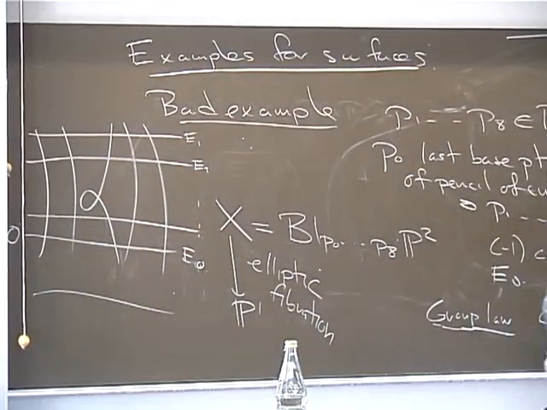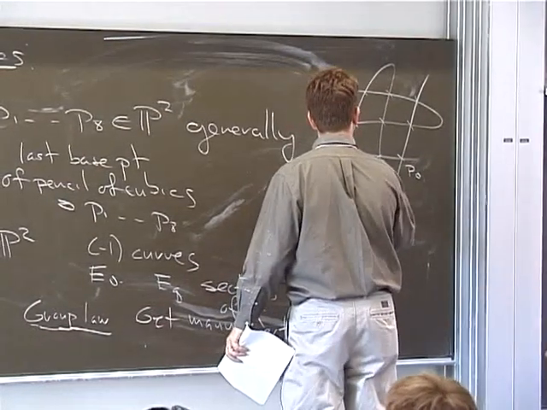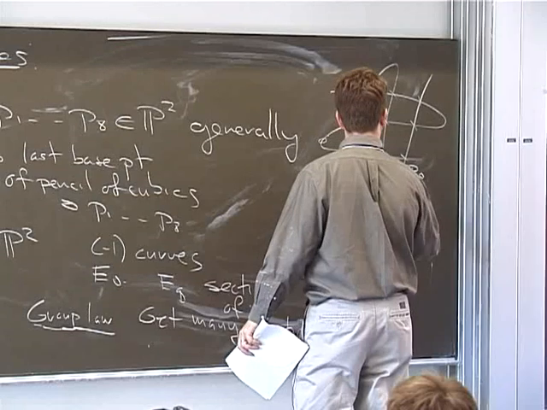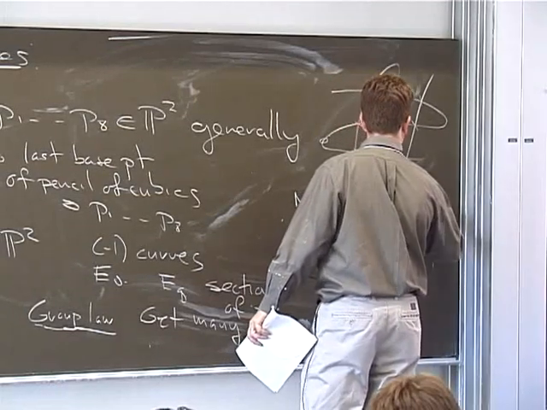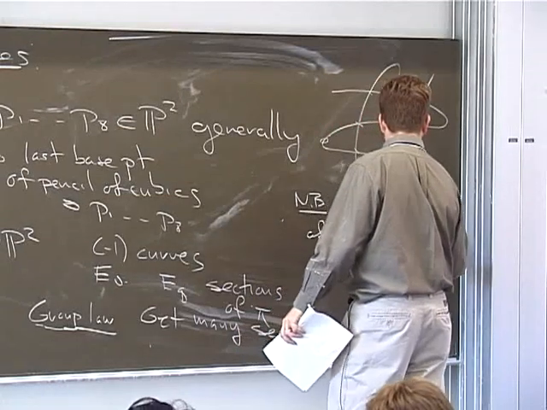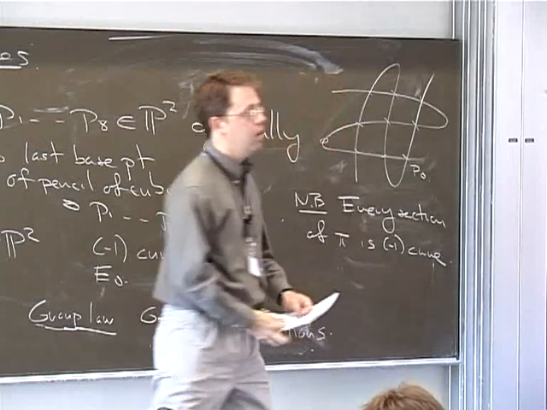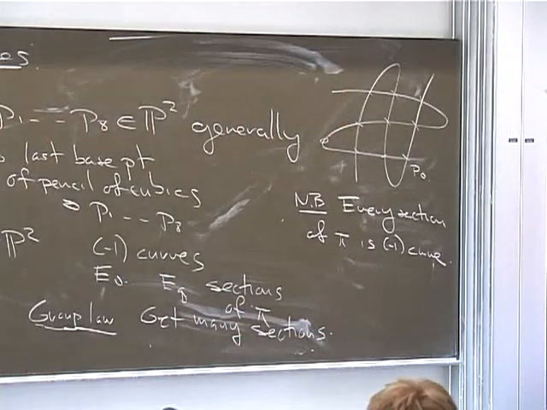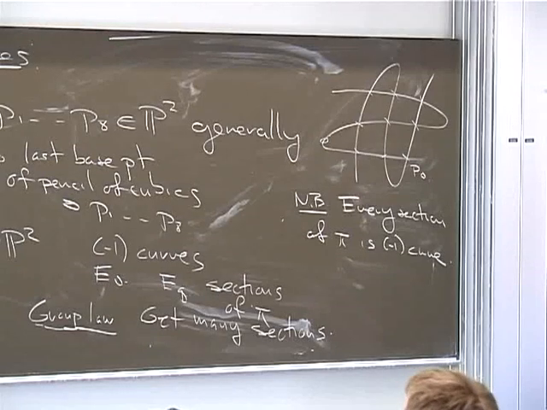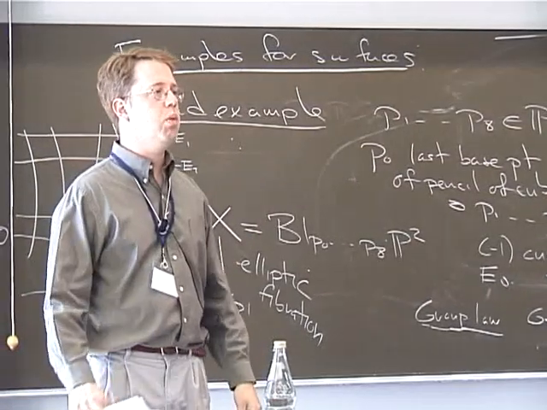I start applying the group law to these sections. So the thing that you need to keep in mind here is that every section of pi is necessarily a -1 curve. This pencil is really given by the anti-canonical class, so all the sections have degree 1.